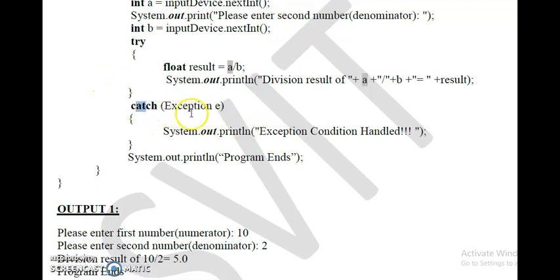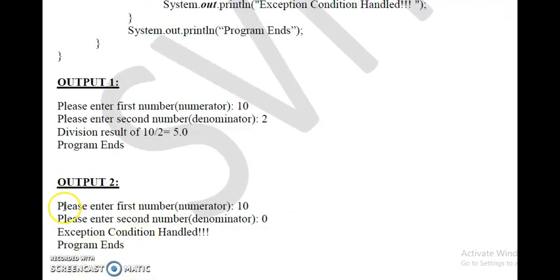In the catch block, the exception is caught, and the code within the catch block prints the message exception condition handled, and the remaining program execution is normal till the end of the program. System.out.println program ends.